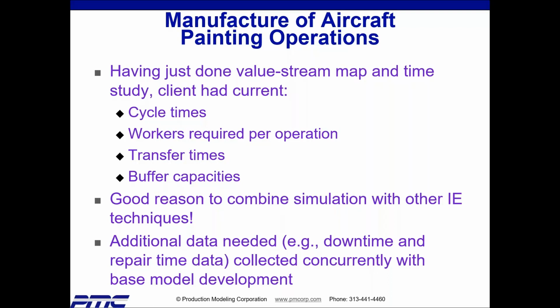Simulation is most powerful, not when it's all by itself, but when it's used in conjunction with other, i.e., industrial engineering techniques, such as ergonomic analysis for the benefit of the workers, value stream mapping, process mapping, Six Sigma, and so forth.